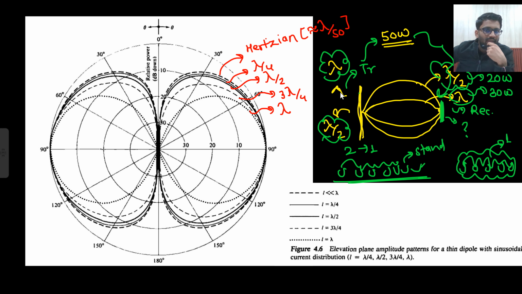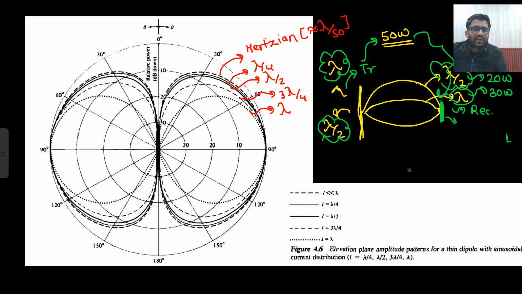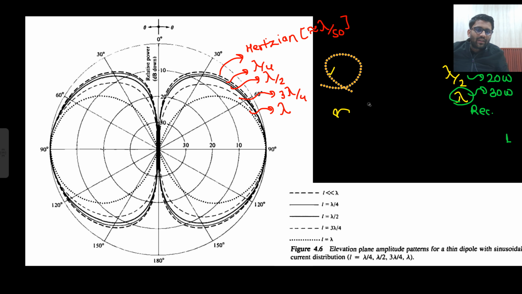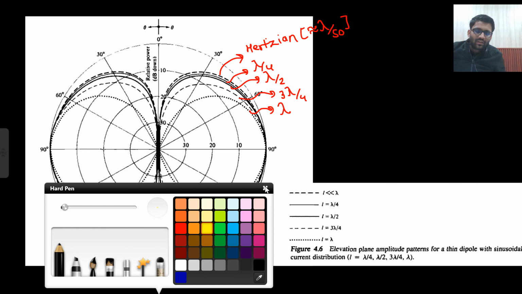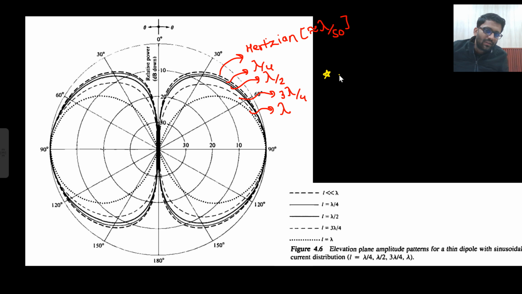Is that clear? So can you tell me the relation between the directivities of Hertzian dipole, lambda by 4 dipole, lambda by 2 dipole, 3 lambda by 4 dipole, and lambda dipole? Yes, certainly I can tell the relation. Here I will write down a few points. The first point is that directivity is inversely proportional to the lobe width.